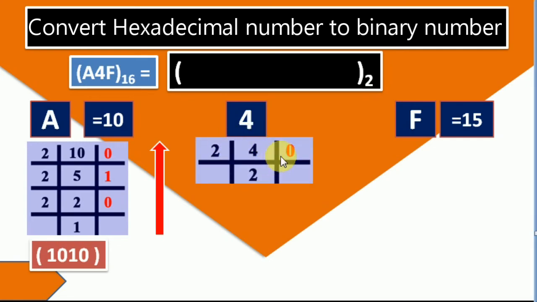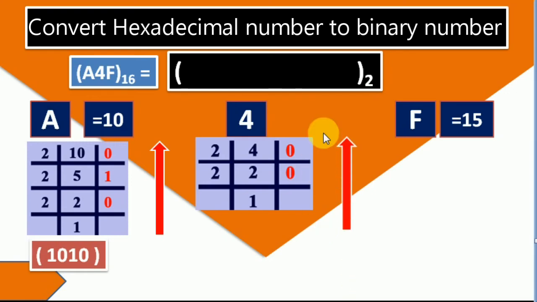2 2s are 4, that is 0. 2 1s are 2, that is 0 again. So the binary from down to top is 100. But a group of 4 makes one hexadecimal number.